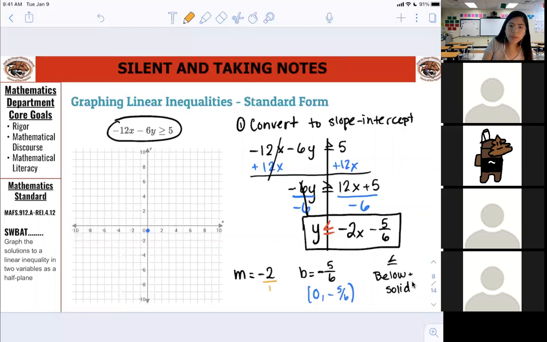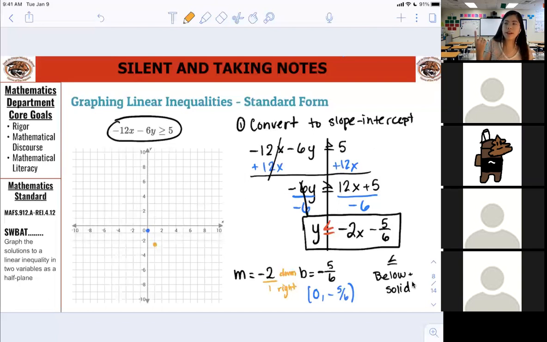Down 2, to the right 1. Good. So when I count down 2, I'm just going to stick a little bit above whatever line I get to. So down 2, I go 1, 2, and then 1 to the right. I'm staying just a little bit above that line. Okay, that's all. And for the record, you guys would probably never see this on a test.